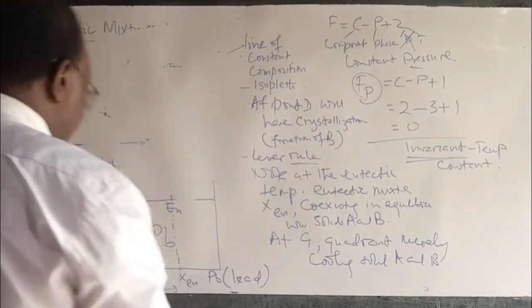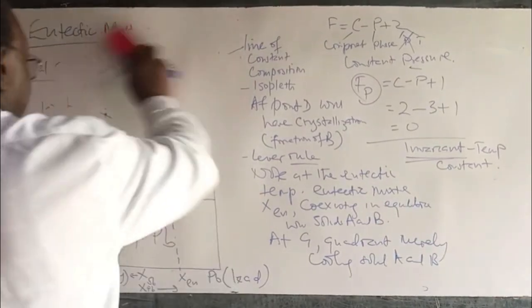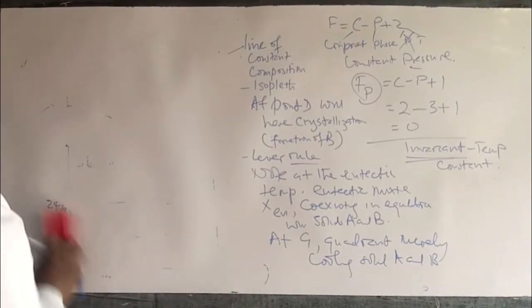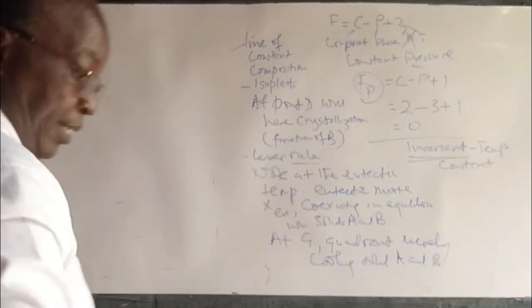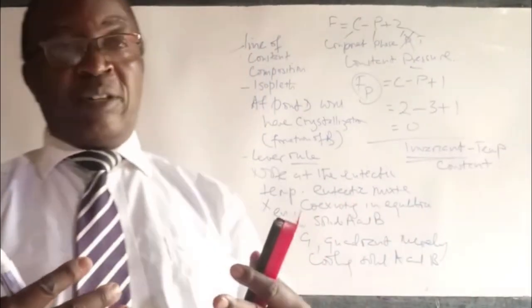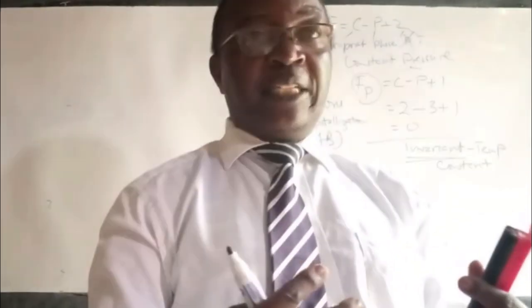So we can just summarize here and say that simple eutectic diagrams, we have developed them by simply generating the freezing curves, and you'll find the intersection of the freezing curves corresponds to the eutectic point.